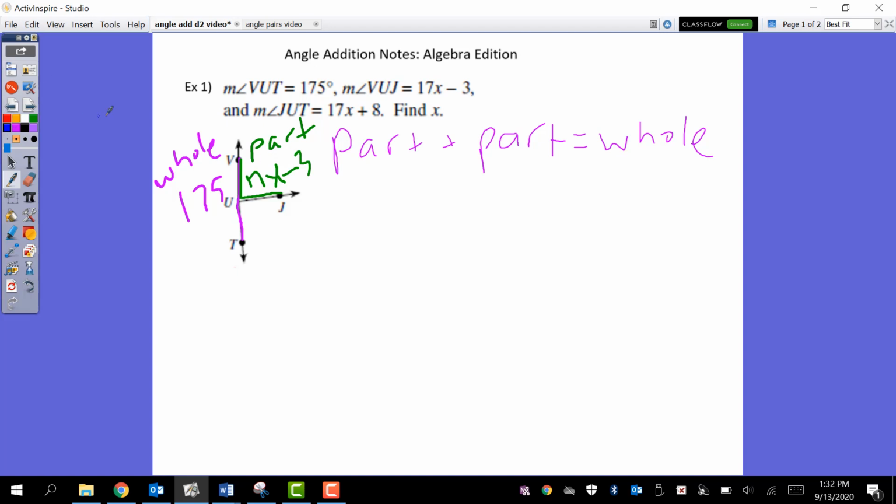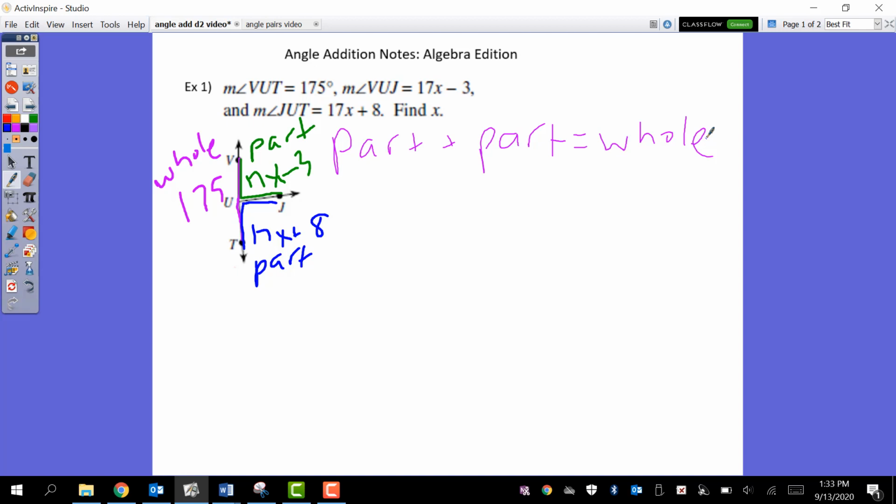And the last thing is angle JUT. So J to U to T is 17x plus 8. And I can tell that's another part. Okay, great. So now all it's asking me to do is solve for x. So all I need to do is plug these things into our part plus part equals whole equation, just like we did when we were doing segment addition.